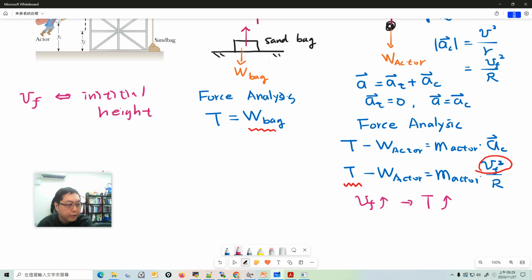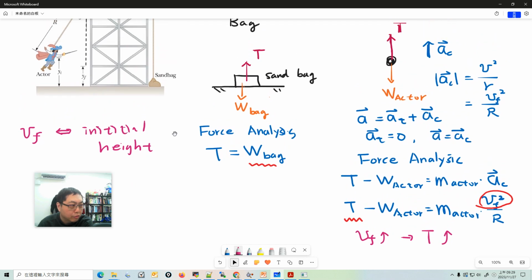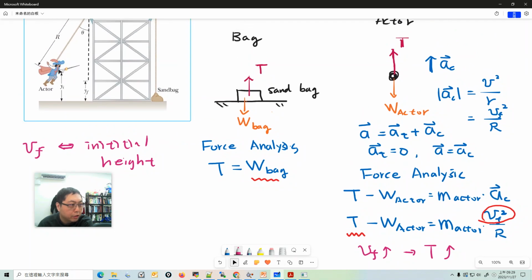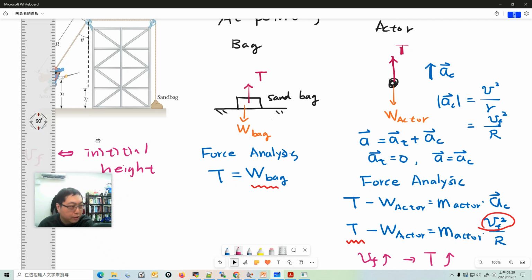Why? This comes back to the energy conservation problem, because the actor swings from point I to point F. There is a gravitational potential energy difference. Here is not very clear, so let me draw more precisely.